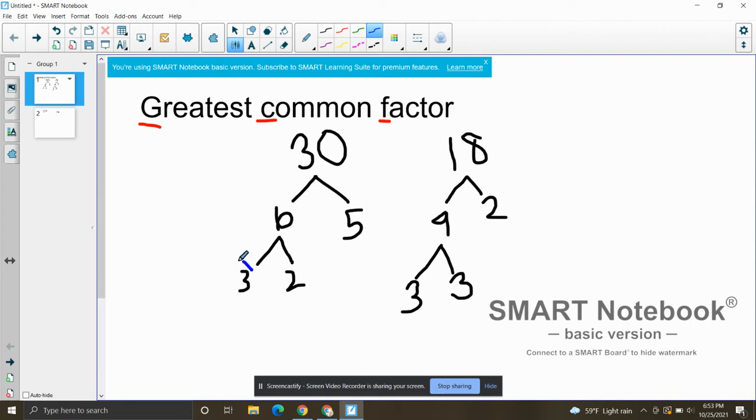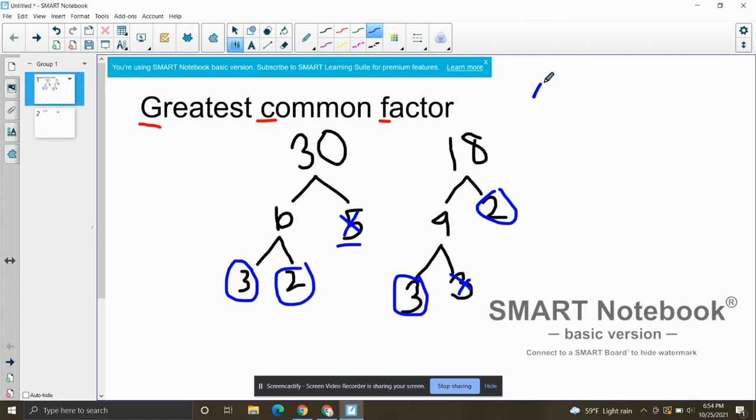So now to find your greatest common factor, you're going to match up which factors go into both numbers. So for example, there's a 3 here. There is a 3 here. There's a 2 here. There is a 2 here. This factor of 5 is not in 18, so it is not a common factor. Just as this 3, there's not a second 3 for 30, so the second 3 is not a common factor.